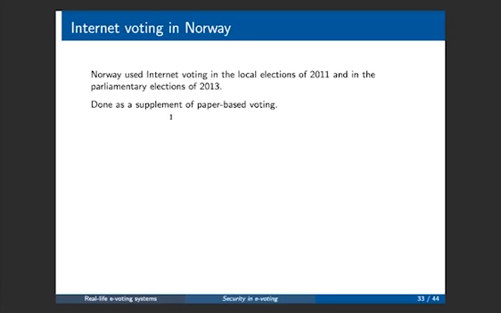The interesting thing is that it was done as a supplement of paper-based voting. So during 2 weeks, people were allowed and encouraged to use online voting. And then they still had a specific election day in which they could still go physically to a polling booth and vote there on paper. So both things were done at the same time.